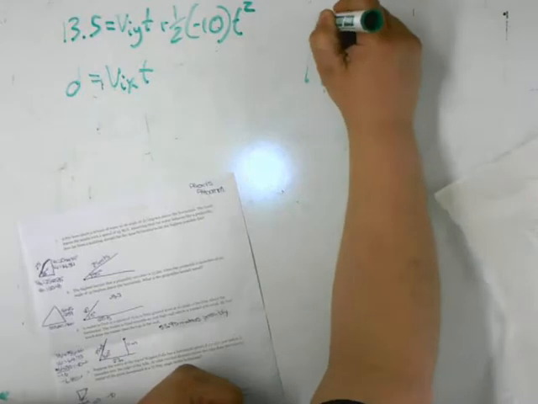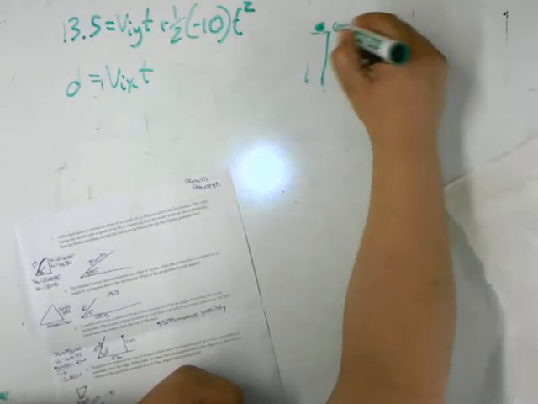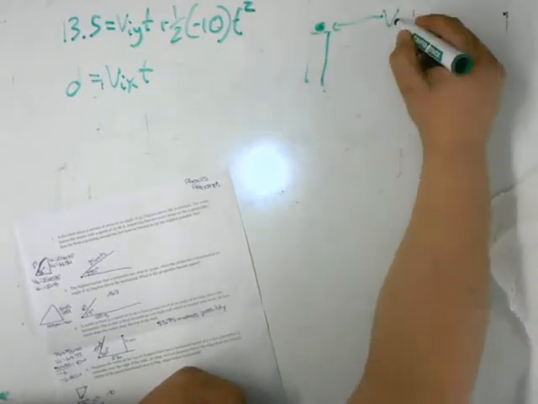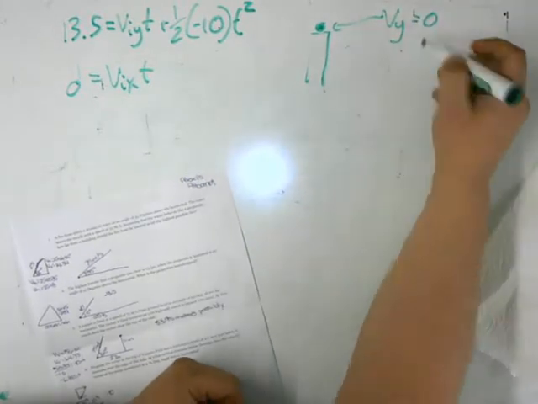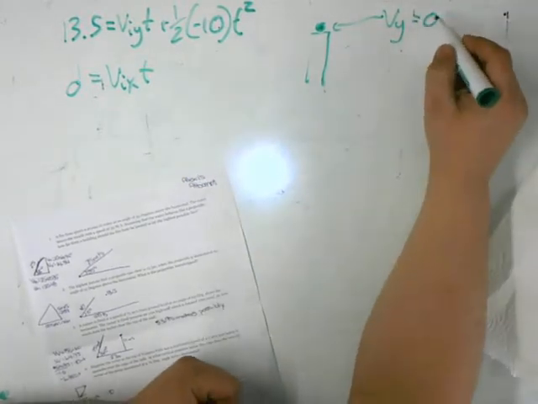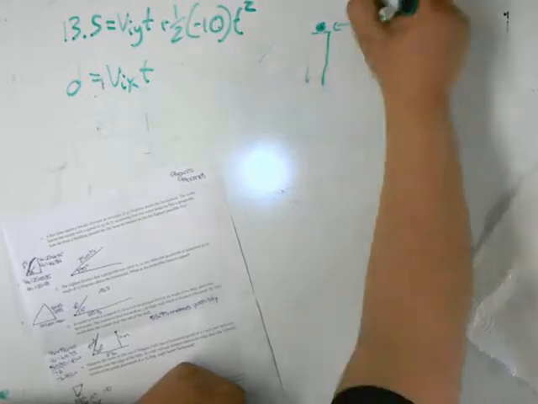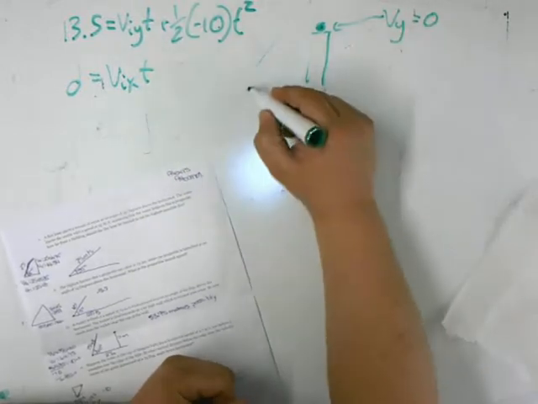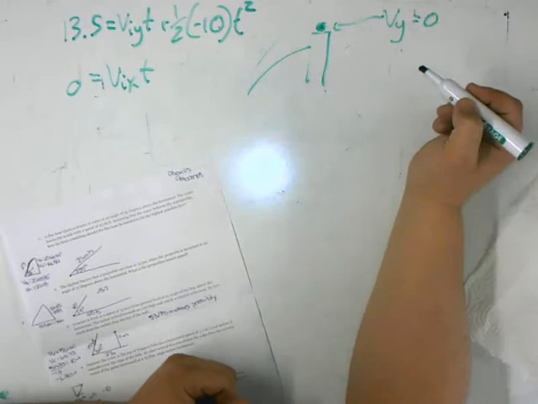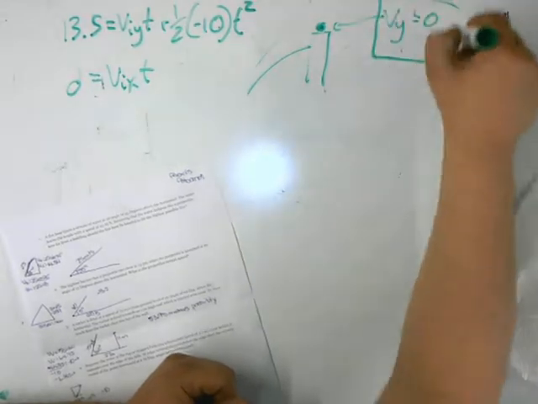If it isn't equal to 0, if it's greater than 0, then the object can still go higher. If it's less than 0, then that object is going to hit that wall. So at that magic point, we have V final Y is equal to 0. That gives me yet another equation that relates time to velocity.